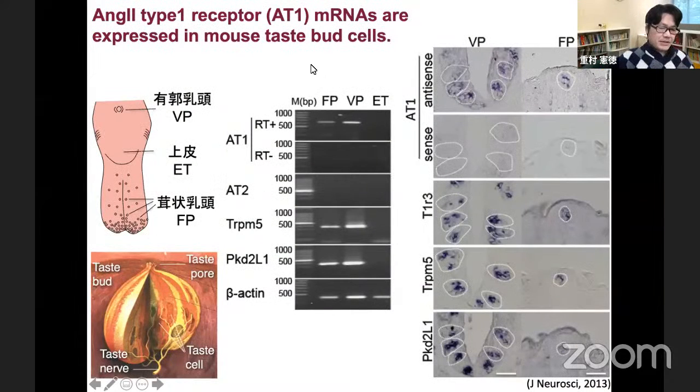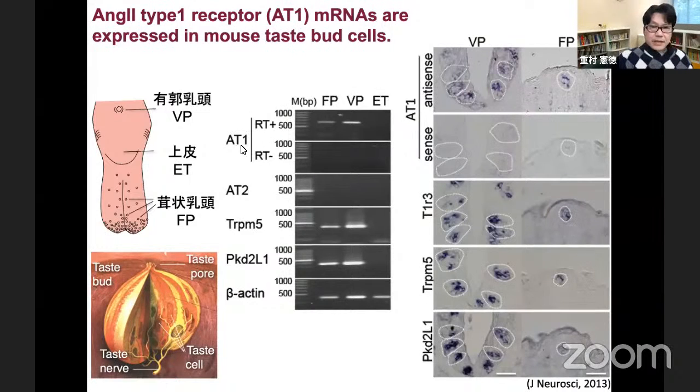First, we examined the expression of messenger RNA for angiotensin 2 receptor AT1 in mouse taste bud cells by RT-PCR and in situ hybridization. FP, VP, ET mean fungiform papilla, vallate papilla, and epithelial tissue without taste bud.